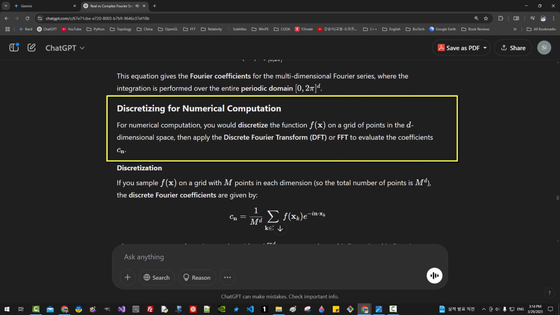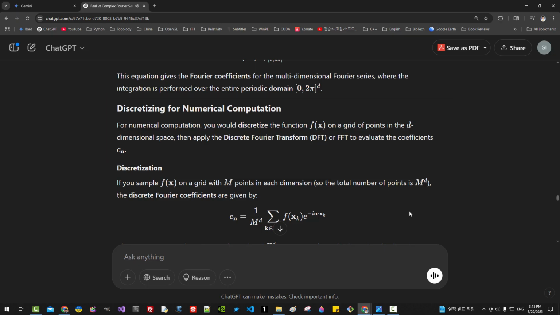Discretizing for numerical computation. For numerical computation, you would discretize the function f(x) on a grid of points in the d-dimensional space, then apply the discrete Fourier transform, DFT or FFT, to evaluate the coefficients c_n. Discretization.